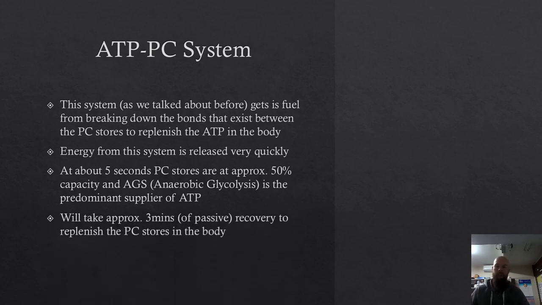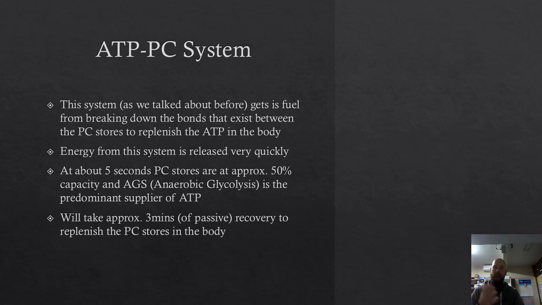At the point that the fuel stores from the ATP-PC system are completely exhausted, it's going to take about 3 minutes. And 3 minutes will get you to, I think it's about 90–95%.